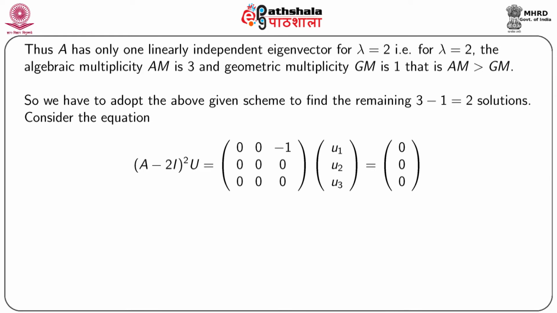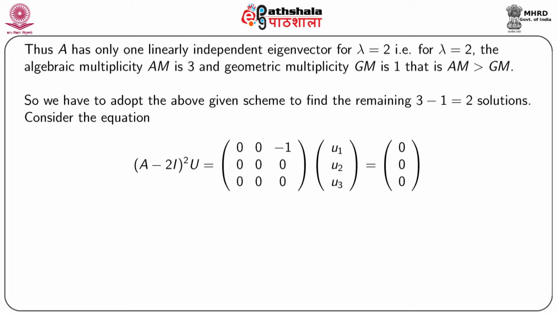Thus, A has only one linearly independent eigenvector for lambda equal to 2. That is, for lambda equal to 2, the algebraic multiplicity AM is 3 and the geometric multiplicity GM is 1. By geometric multiplicity, we mean the number of linearly independent eigenvectors, which in this case is 1, and that is our AM is greater than GM.